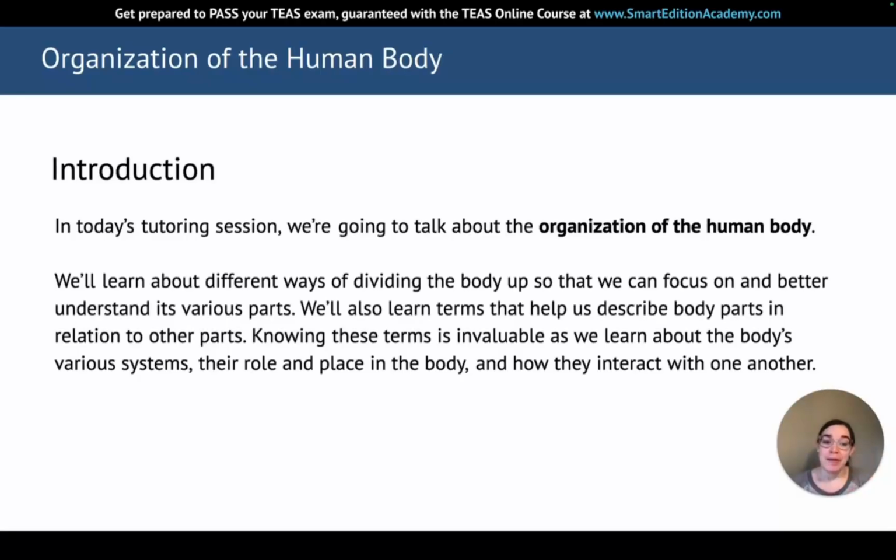Well, being able to organize the human body in different ways, being able to section it out or divide it up using these different methods helps us essentially zoom in on different parts of the body so that we can focus on those parts and better understand them, better understand their role in relation to other parts of the body, better understand their place in the body and how they function within the body's various systems, how they interact with one another, with other parts of the body.